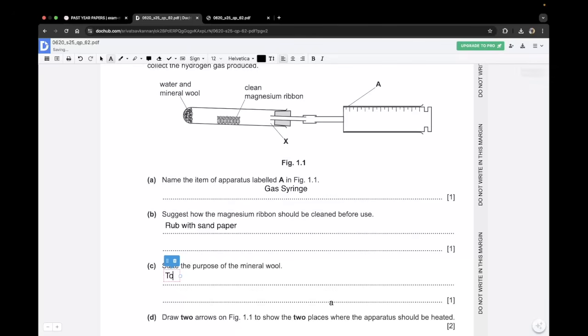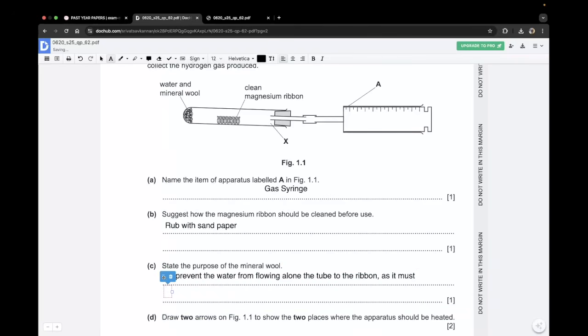So it is to prevent the water from flowing along the tube to the ribbon, as it must react with steam only.